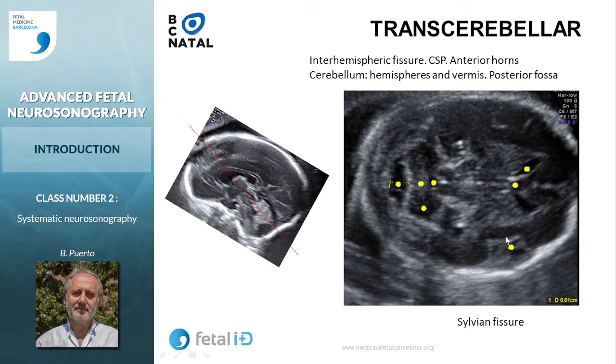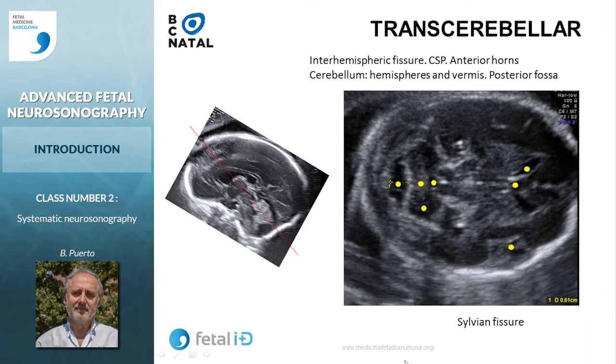In the midline, the inferior part of the thalamus, fourth ventricle, vermis, tentorium, and here is where we perform the measurement of the posterior fossa, or cisterna magna, from the most posterior part of the vermis to the most inferior part of the occipital bone.